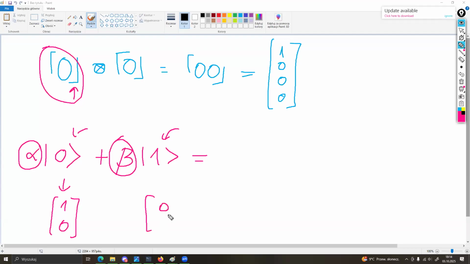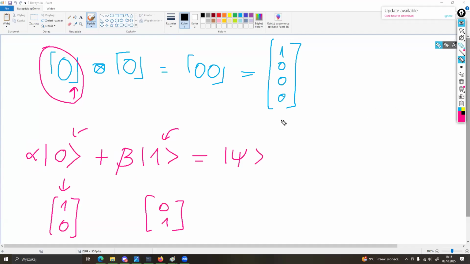So the one state is 0, 1 now, and all of this state is represented as Xi. Now, what are these alpha and beta? These are amplitudes, and this is one of the main differences that I tried to explain to you yesterday.